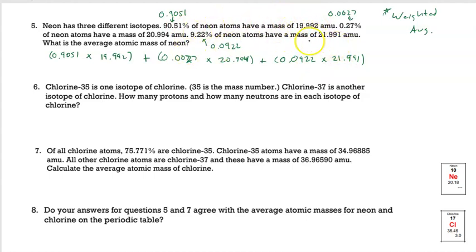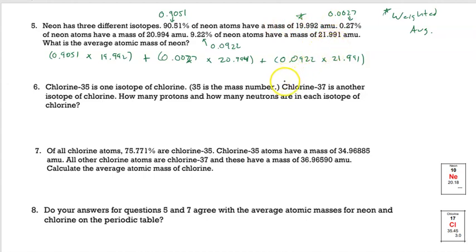Now, again, our smallest isotope is 19.992. Our largest isotope is 21.991. So we should get an average that's in between 19.992 and 21.991. But because 90% of those isotopes have a mass of 19.992, we would expect our answer to come out closer to the smaller isotope than to the larger isotope.